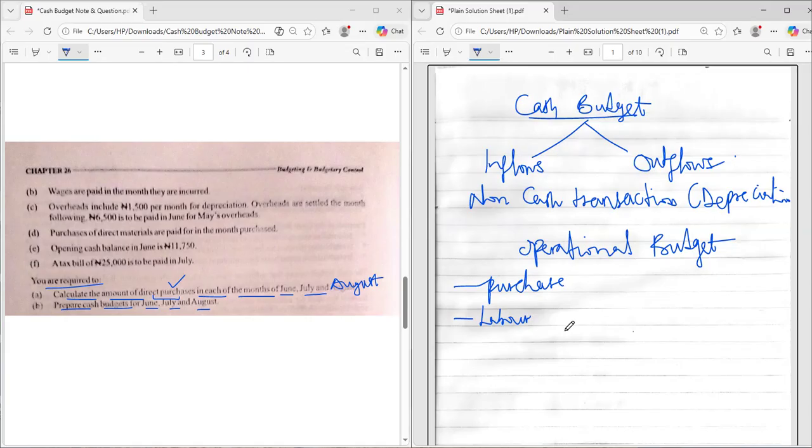It may include your sales budgets. Maybe that is going to be prepared by who? Your sales department.